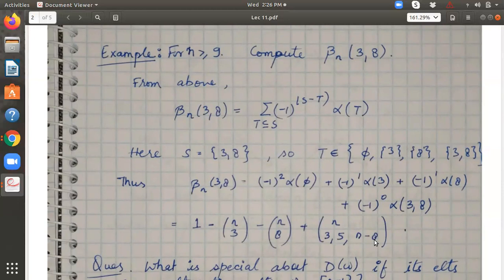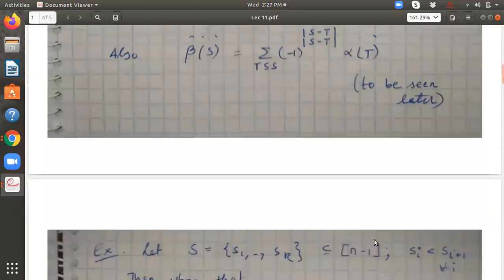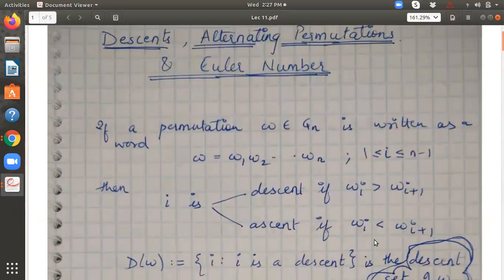Just like that, suppose the sets have this sort of property: take one, leave one, take one, leave one. Then what really happens? Especially with descents: if the next number is smaller, this is a descent, and therefore it comes in the set.